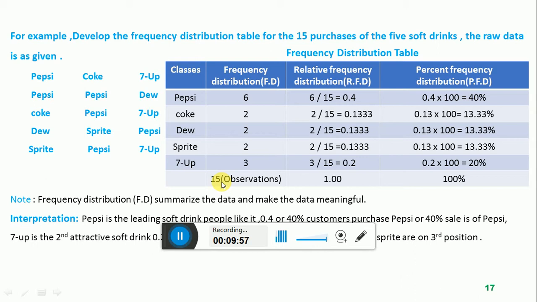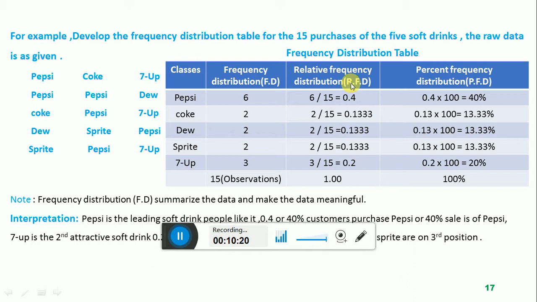So we are again repeating classes and frequency. Now I'm coming to the relative frequency distribution. As we studied in the previous slide, relative frequency distribution describes the fraction or proportion of a particular class relative to the entire data set.